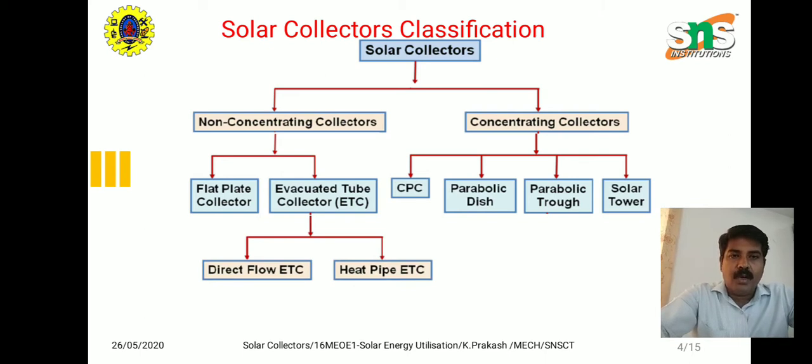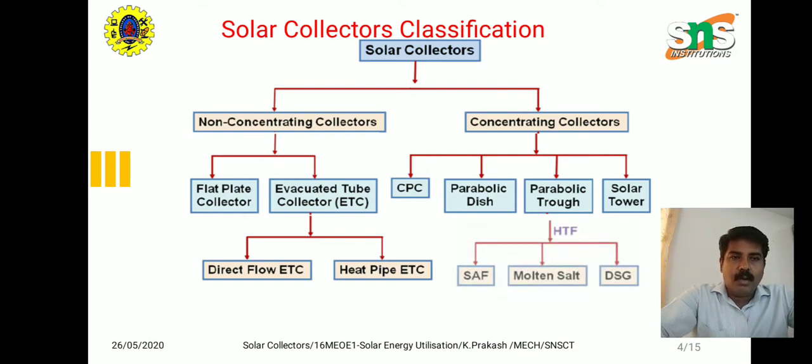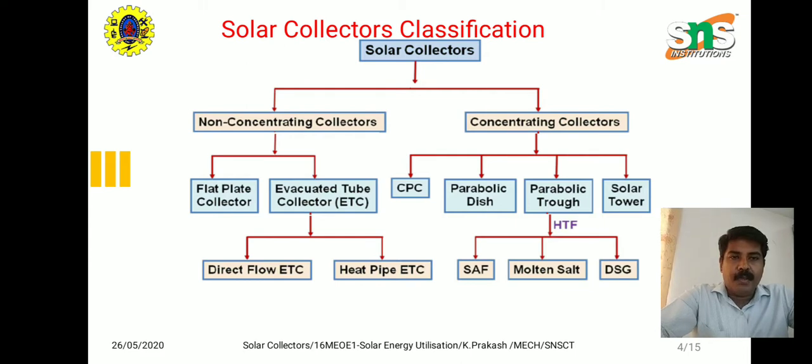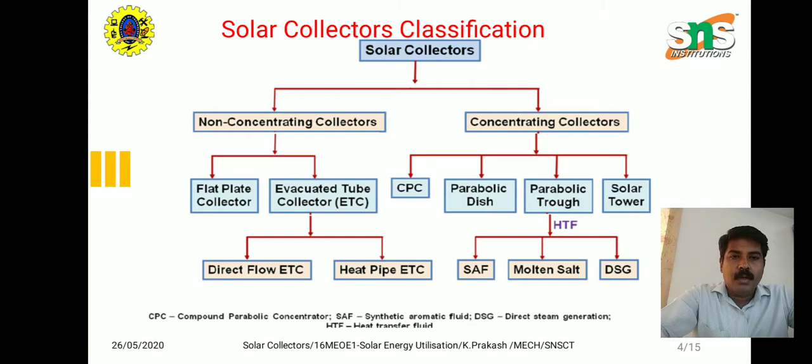In the evacuated tube, we have direct flow evacuated tube collectors, and heat pipes are used. Coming to the parabolic trough, we have 3 different types. One uses synthetic aromatic fluid, another uses molten salt, and we also use direct steam. So this is how the solar collectors are classified.